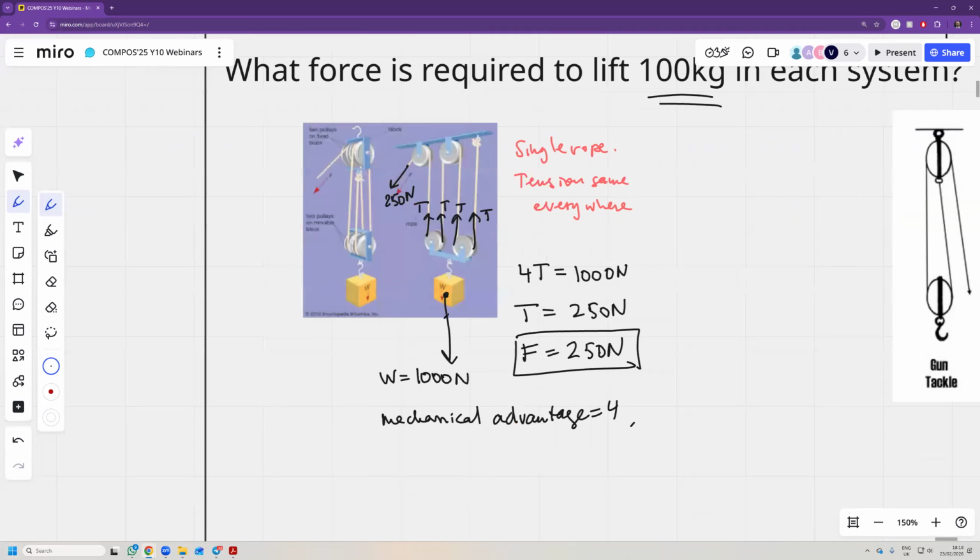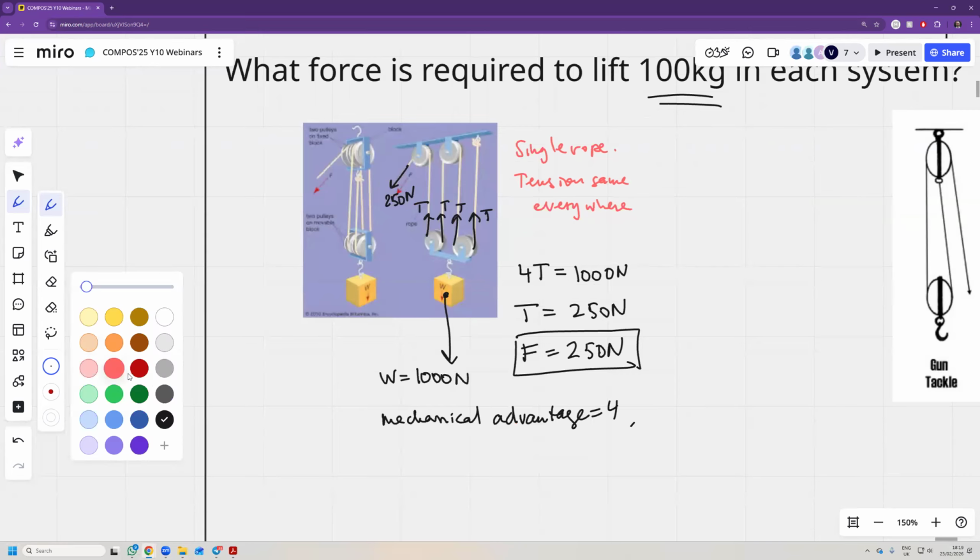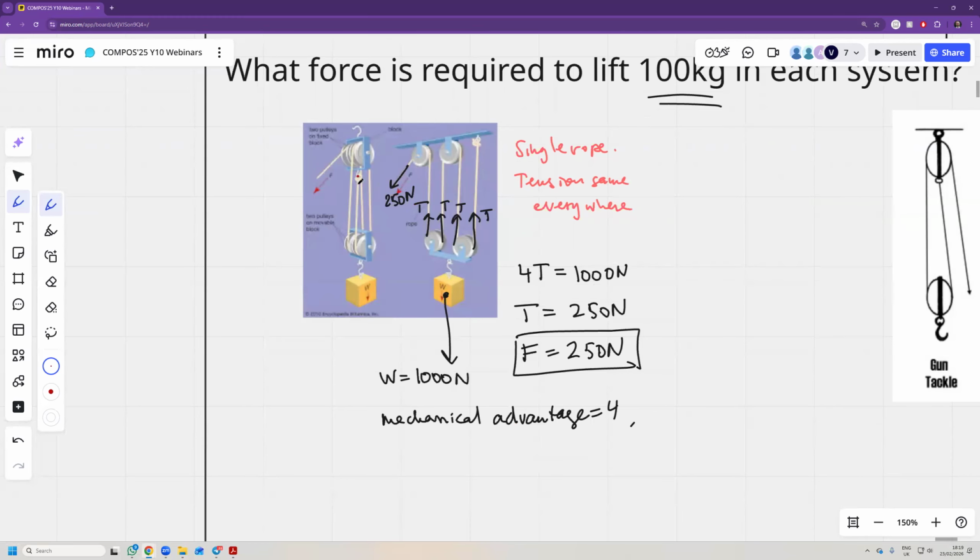Now, if you look at this rope system, you can actually track the rope. It starts here, it goes round here, round here, round here, round here, and then again here. It looks much more complicated, but actually it's the same system.